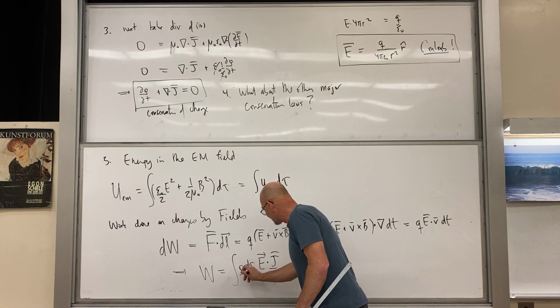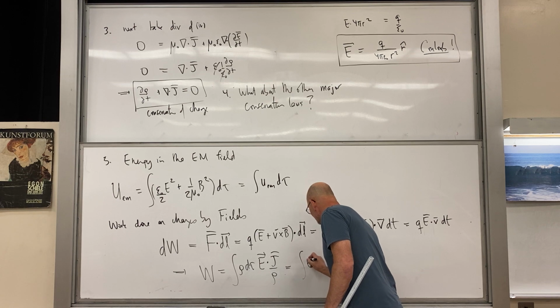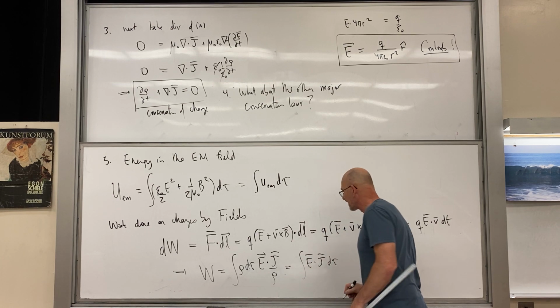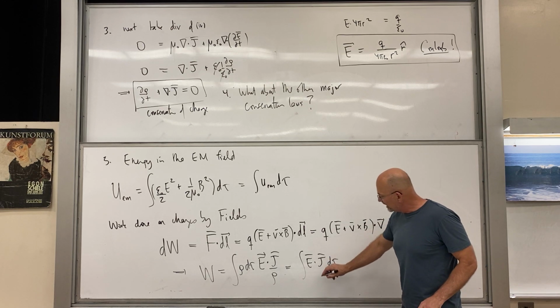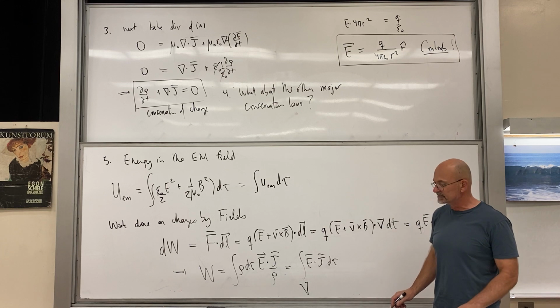And these are going to cancel, so we have E dot J d tau. That is the energy, and this is going to be over some volume, but write it or not.